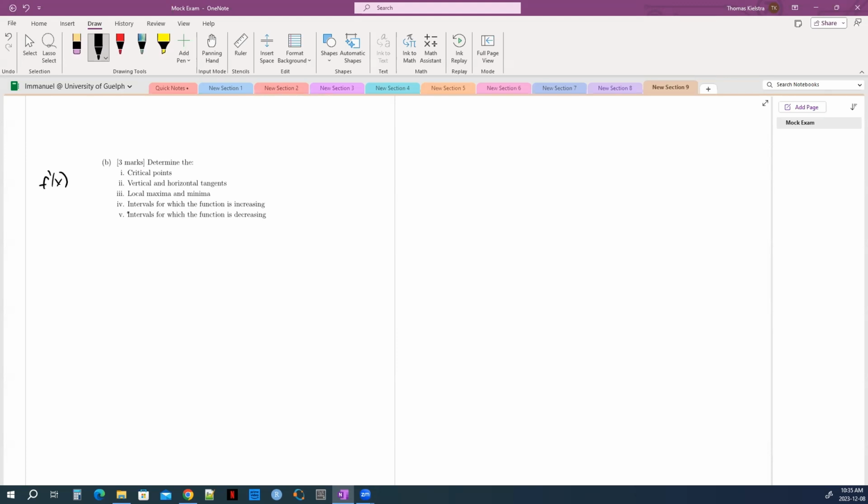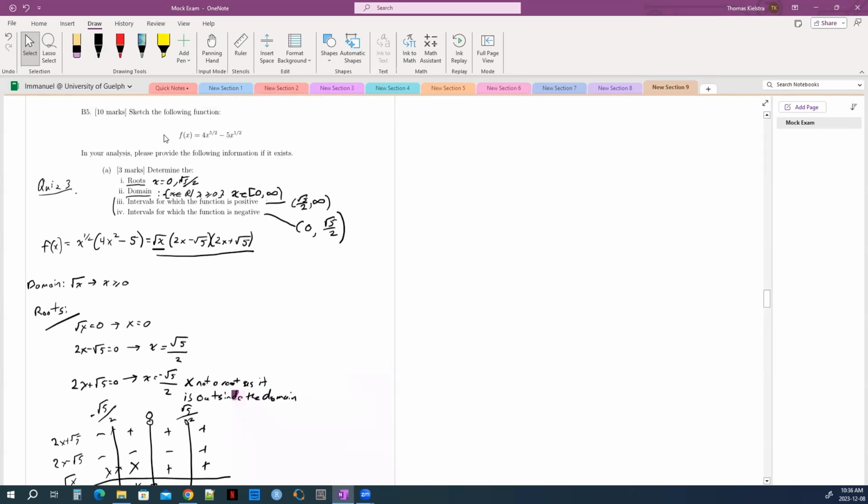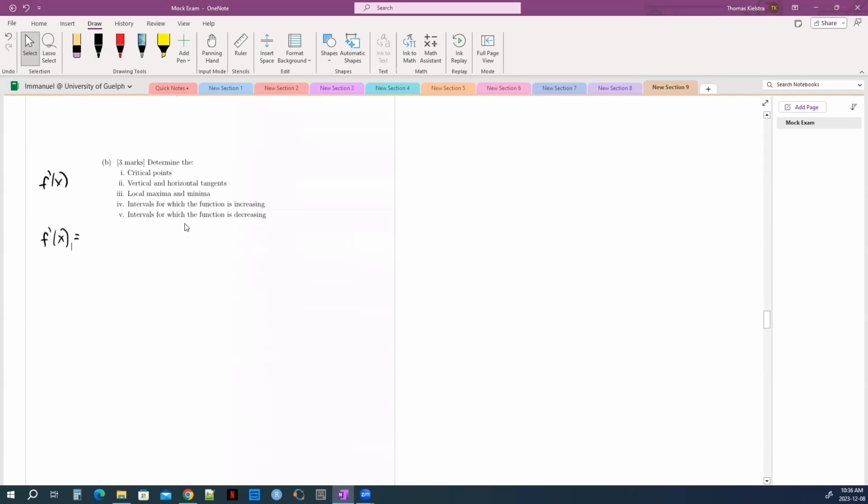To compute the derivative, a lot of people will try to go from this factored form and try to take its derivative. Don't do that. Just go back to the nice version. Take this polynomial and take its derivative. So we've got f of x equals 4x.